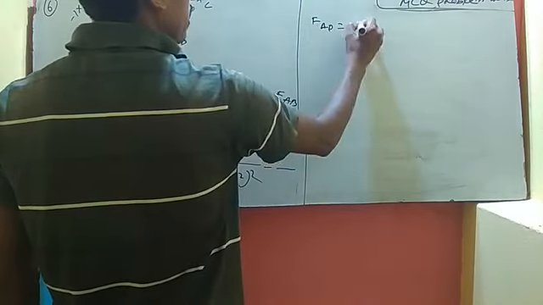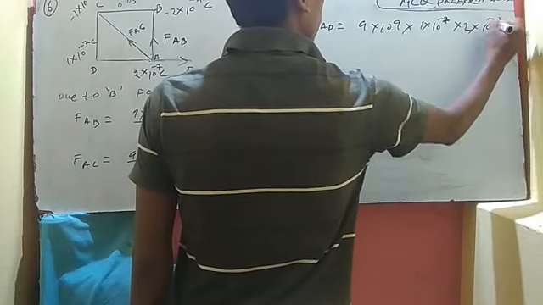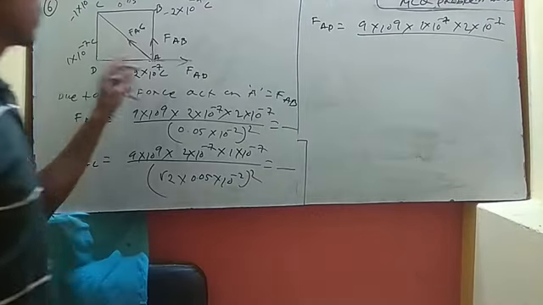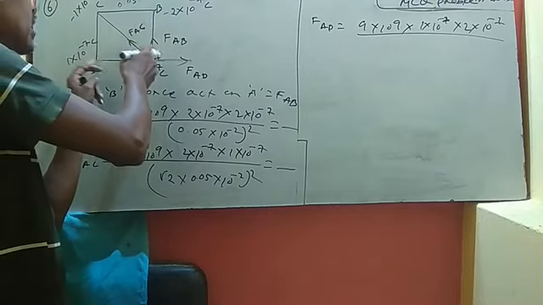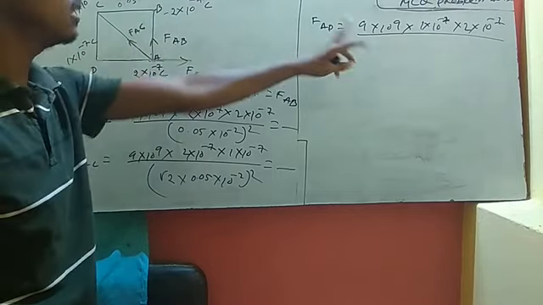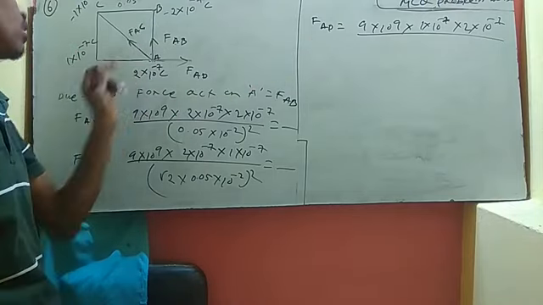FAD is 9 into 10 to the 9 into the charges, 1 into 10 to the minus 7 into 2 into 10 to the minus 7, divided by the distance between A and D squared.